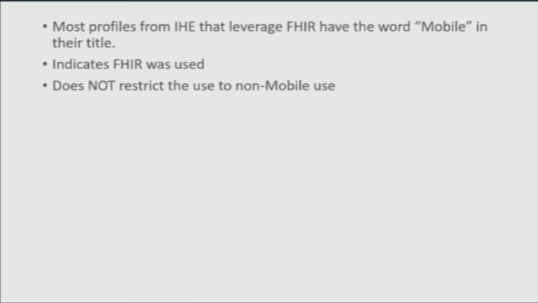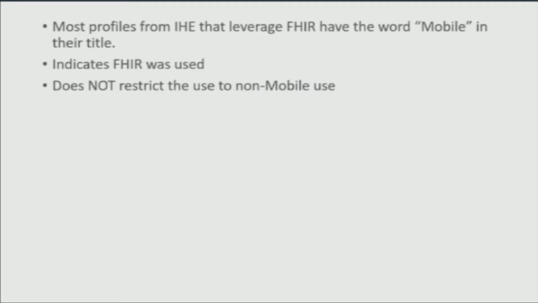But we're saying the differentiator between the HL7 v2, the HL7 v3, and this FHIR one is predominantly the newer environment. So you'll see this word mobile used in the profile names.